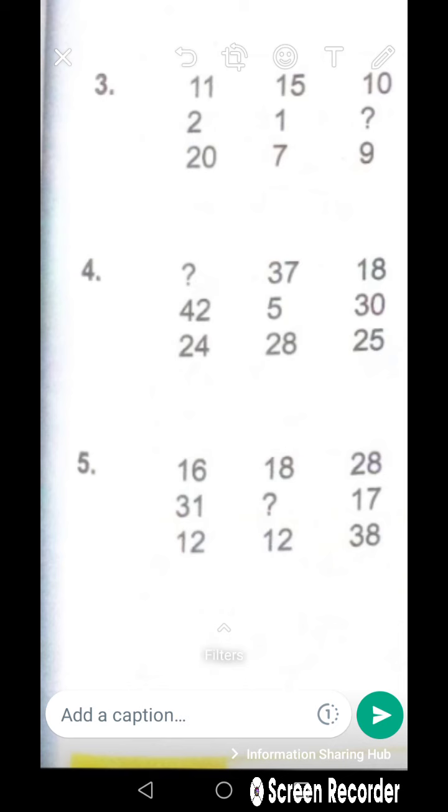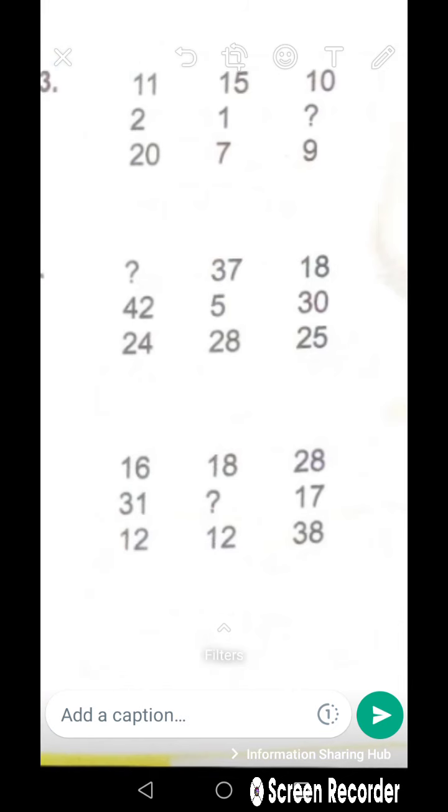If you go to the next one, you're going to see the same pattern. So just do the same pattern. If you add 24 plus 28, you're going to have 52. 52 plus 25, I'm going to have 77.